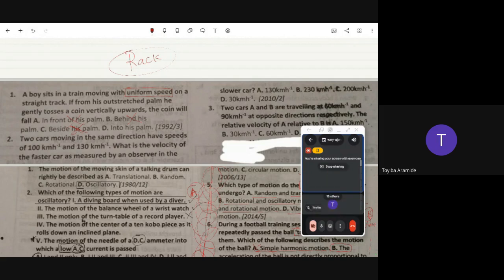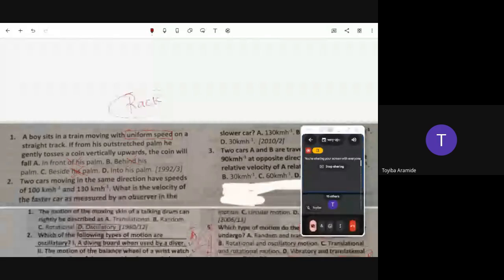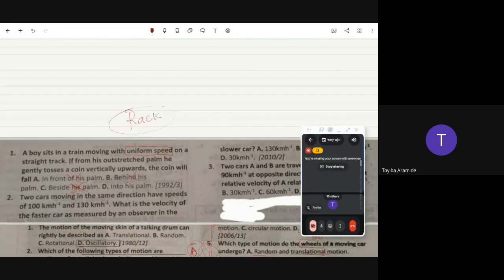Okay. Two cars moving in the same direction. There's something I wanted to say here. Sometimes we do addition and subtraction of some things.